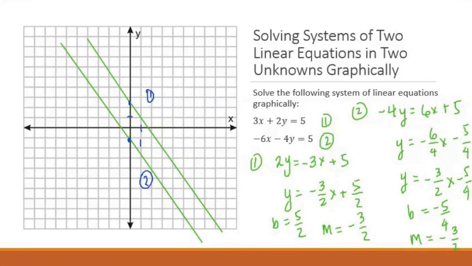Because they have the same slope and this continues on in both directions infinitely, these two lines will never intersect. There's no solution to this system. So we simply give that as our answer. There is no xy coordinate that will satisfy both equations. So there is no solution to the system.